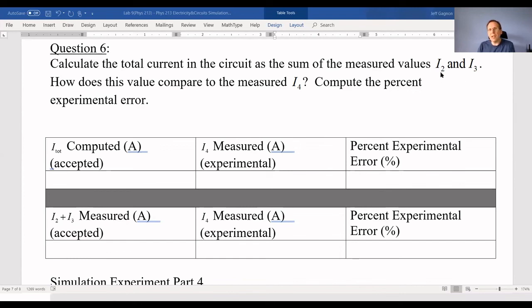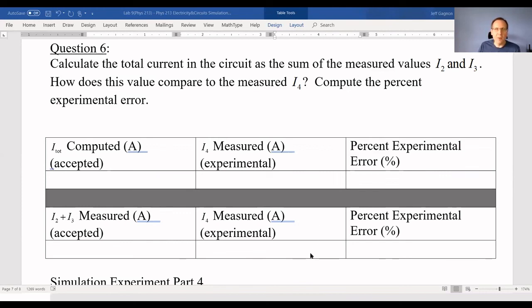So in theory, if I add I2 plus I3, that should equal I total, which is either going to be I1 or I4, or just, again, going to use I4 to compare it to. So you want to sum your I2 and I3. We're going to call that the accepted value. And then again, compare that to the measured experimental value of I4. Compare them by computing a percent experimental error. And because it's a simulation, you may get 0% here, or very close to 0%.